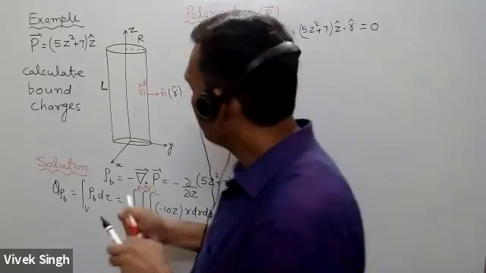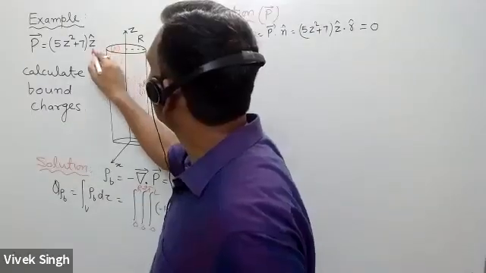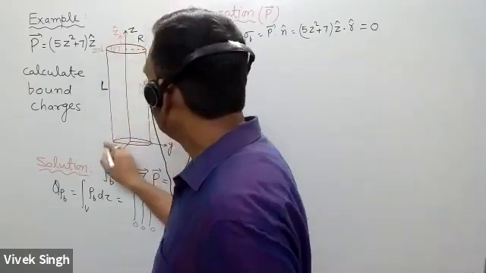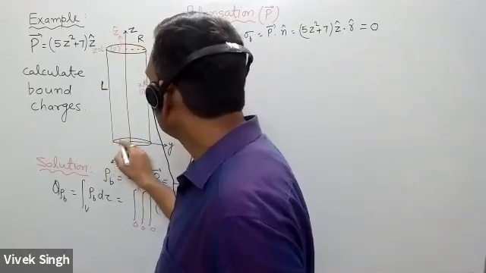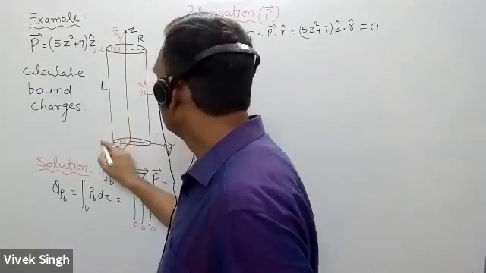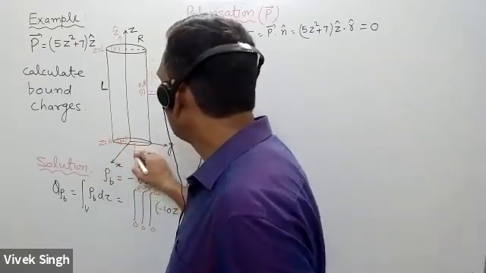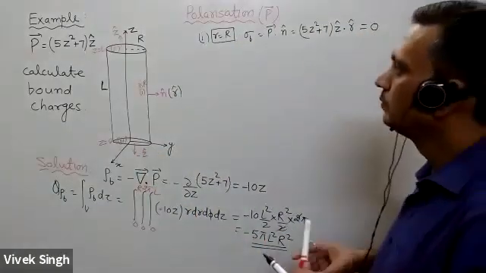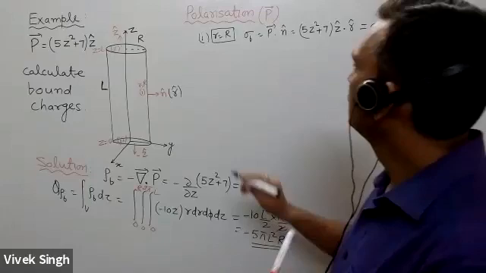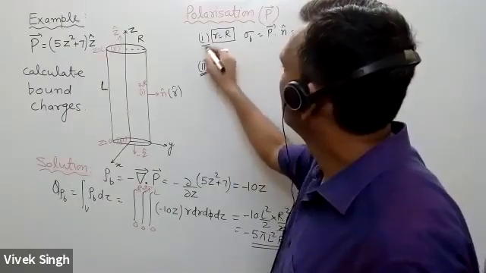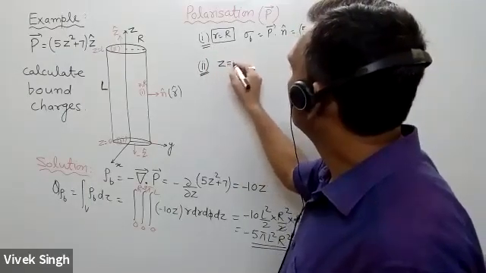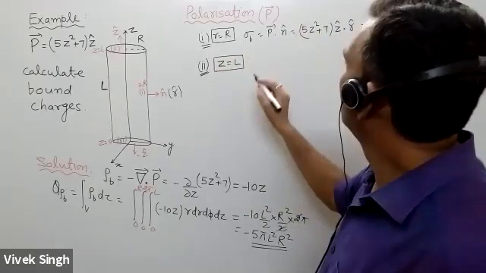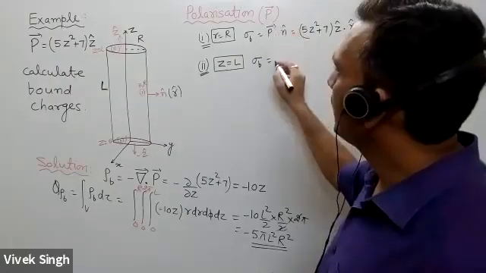Now you have surface 2. Surface 2 is the Z is equal to L plane, and this direction is Z cap. Similarly, surface 3 is Z is equal to 0 and this direction is minus Z cap. Sigma B is again P dot n cap.